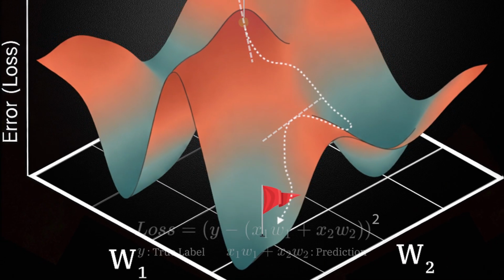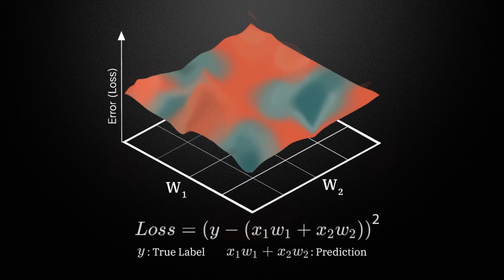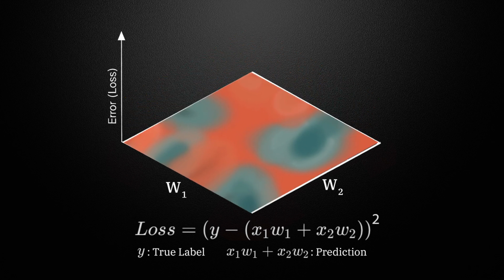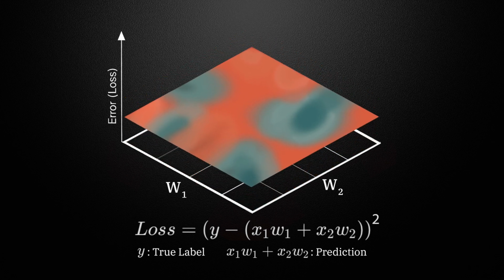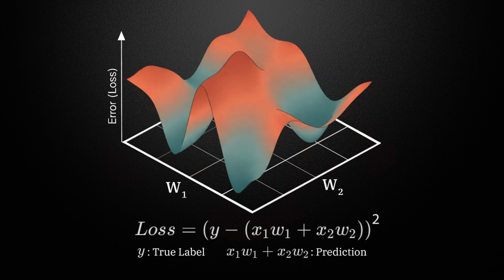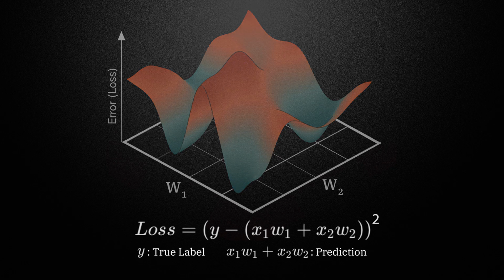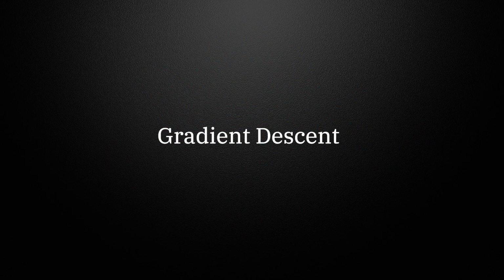Without a loss function, the landscape would be flat. The model wouldn't know which way is down. But with it, the model can slide down the mountain step by step until it reaches the bottom. This process is called gradient descent.